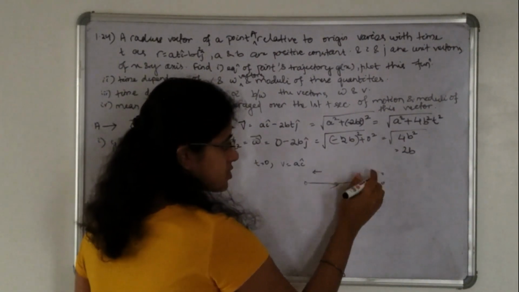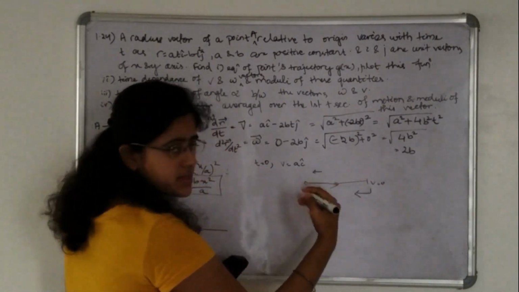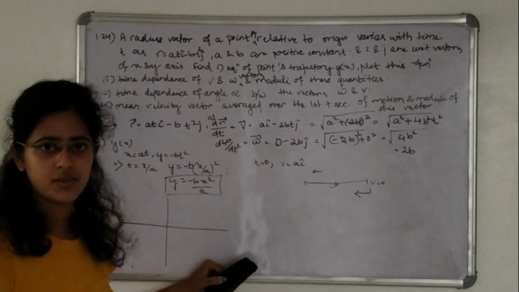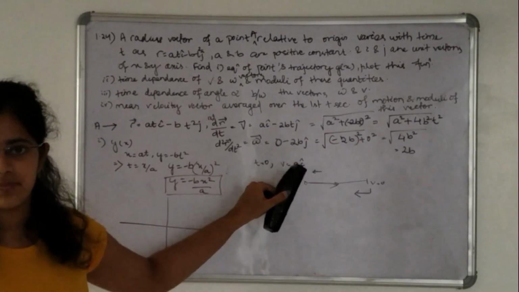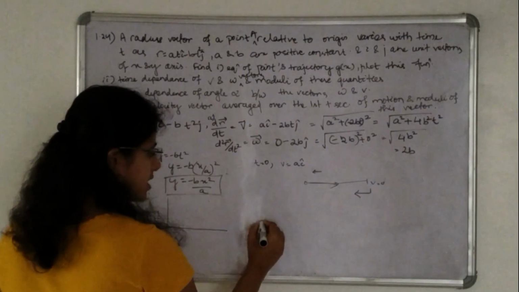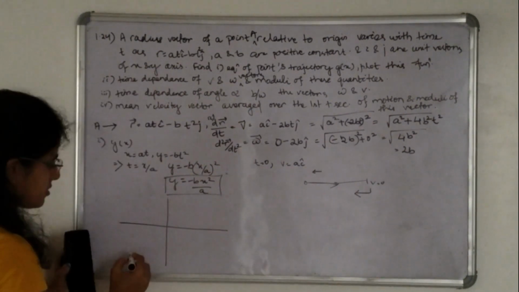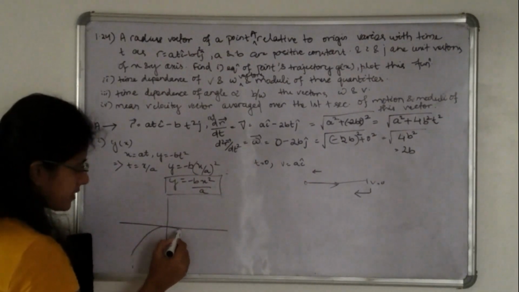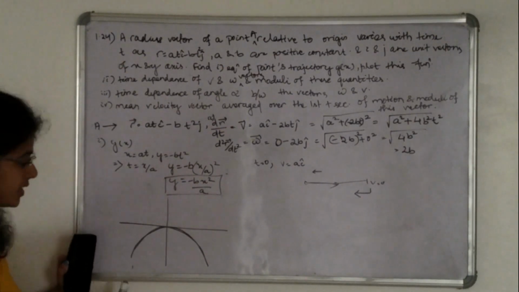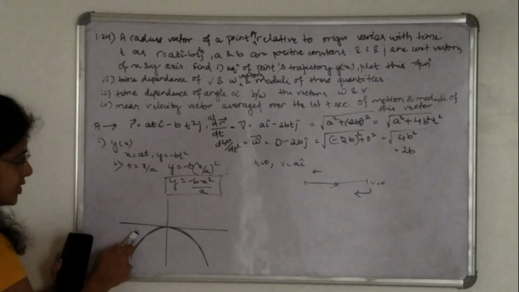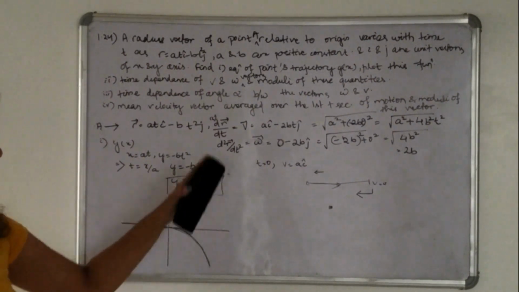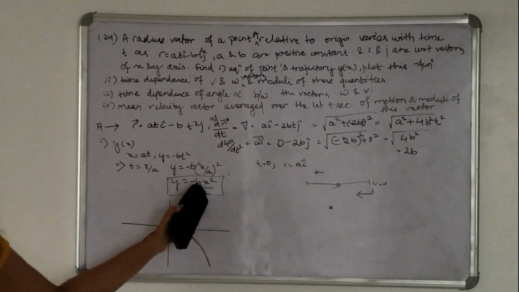And after the velocity reaches 0, it again starts moving in this direction with this acceleration. Acceleration is constant, we know. That means initially there is some velocity and gradually this velocity will come to 0, so the curve will be like this. Initially there is some velocity, gradually the velocity reaches 0 and then it increases again. So we have plotted this function.